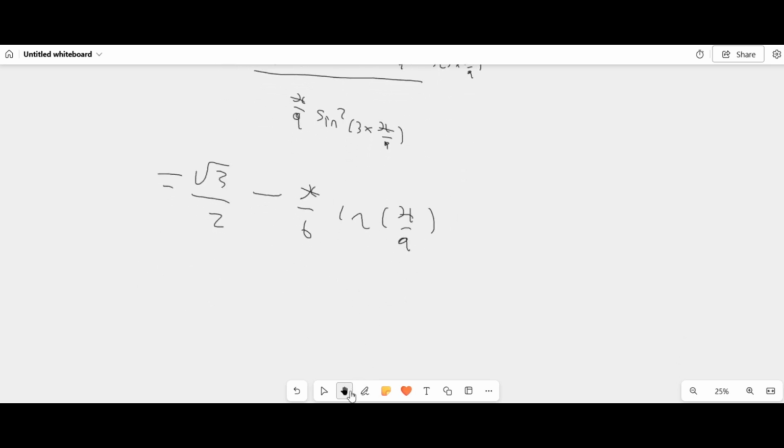And then the bottom side is just going to be 3 pi over 36.